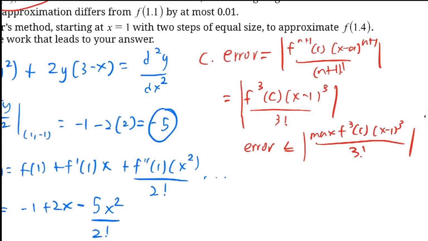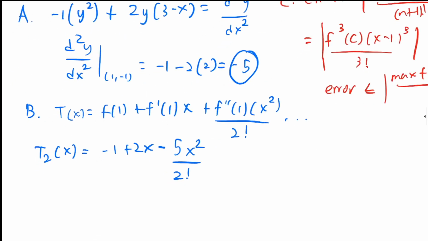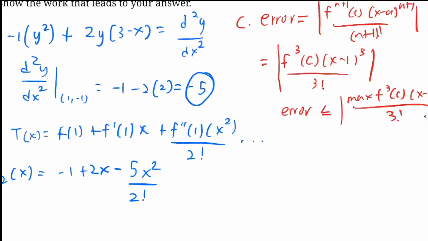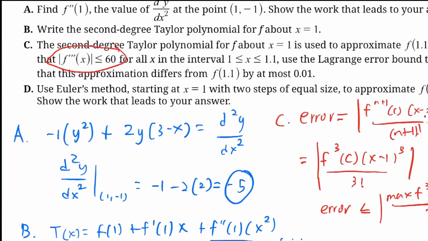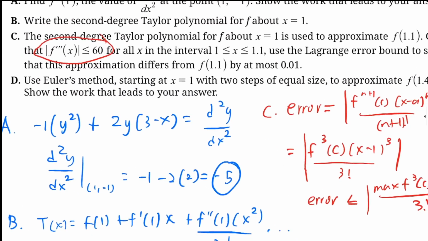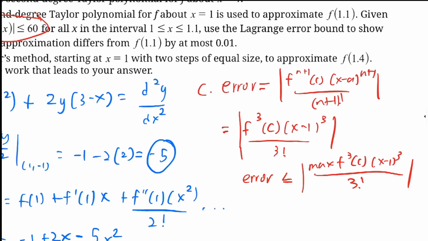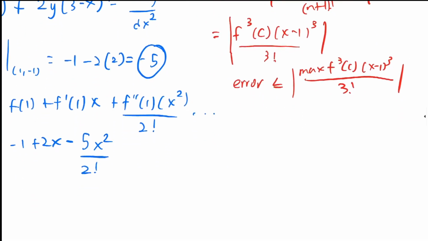And so our estimation here by using this polynomial is off at most by this. And they told us that f triple prime of x is always less than 60, no matter what, on this interval from 1 to 1.1, which is the only interval we care about. So no matter what this c is, f triple prime at whatever c between 1 and 1.1 is always going to be at most 60.